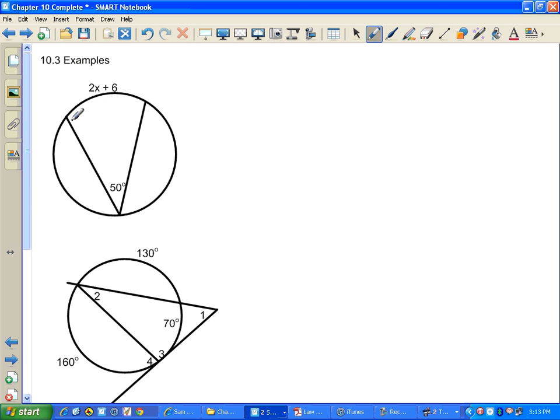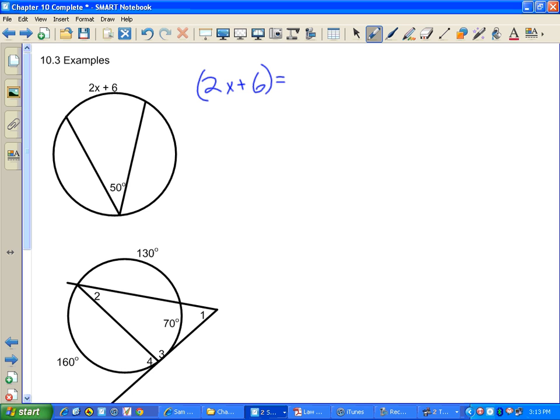So examples, I've got an inscribed angle here, okay? And I know that this inscribed angle should be half as much as the arc that intercepts. So that means that 2x plus 6, okay, there's two ways to do this.